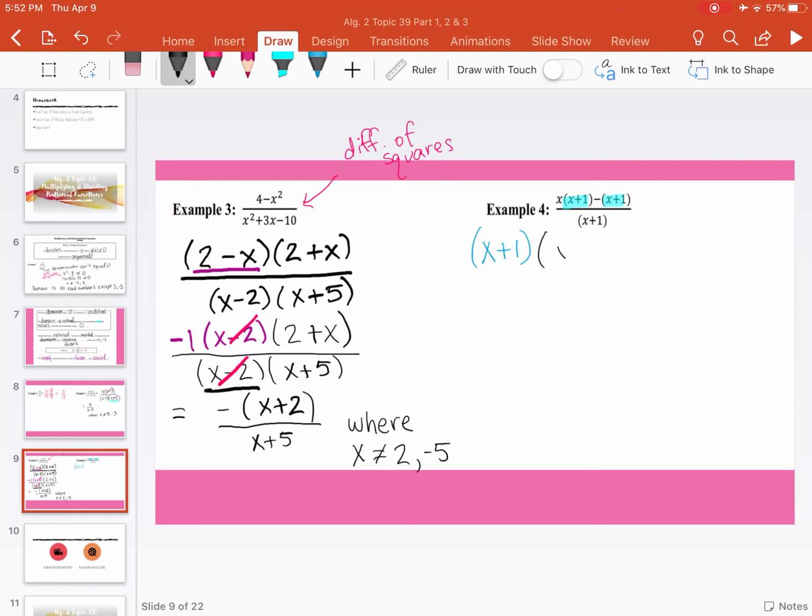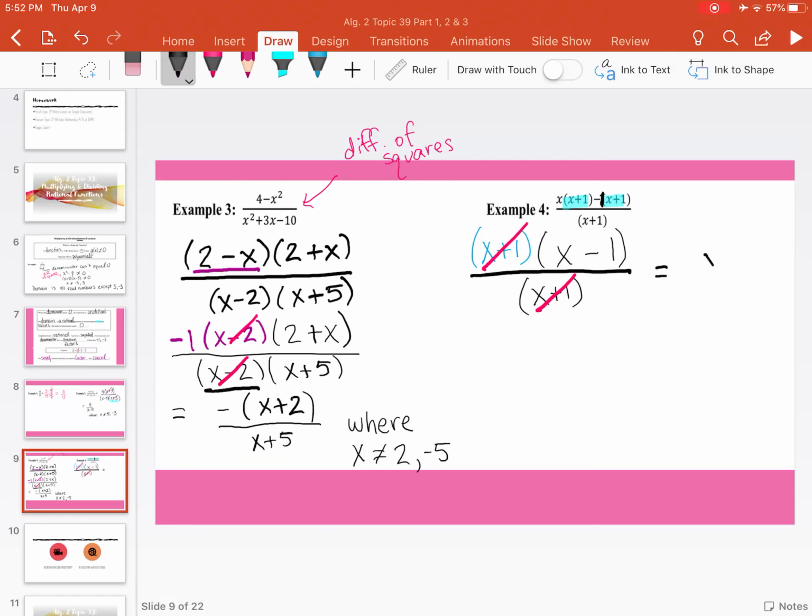Well, we still have our x, and then we have minus. Now, with our second term here in the numerator, this is really times a negative 1. So we're going to be left with x minus 1 as the other factor, all over x plus 1. Now when we reduce, we notice we have an x plus 1 in the numerator and denominator.